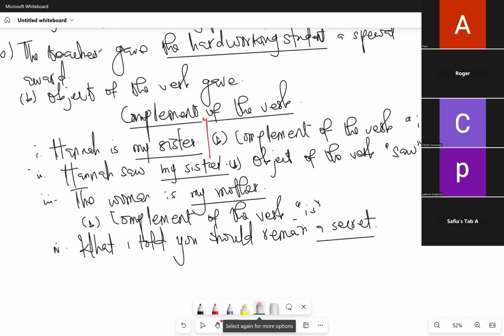Sir, please, complement of the verb should remain, or remain. No, be specific. Should remain. Yes, anyone else? Anyone else? That's correct though.